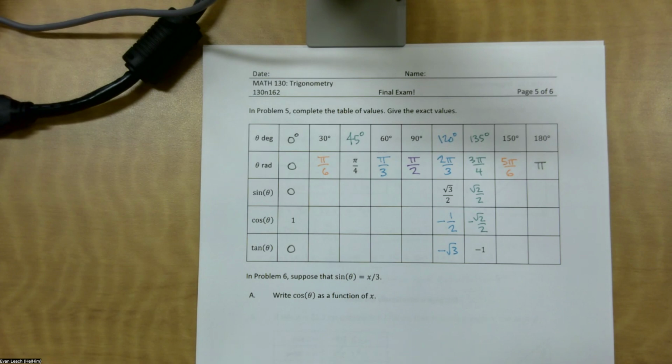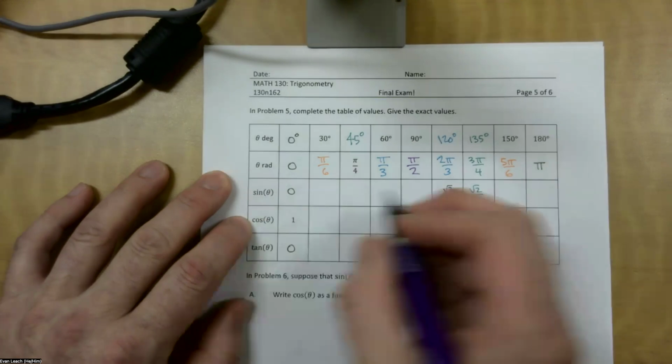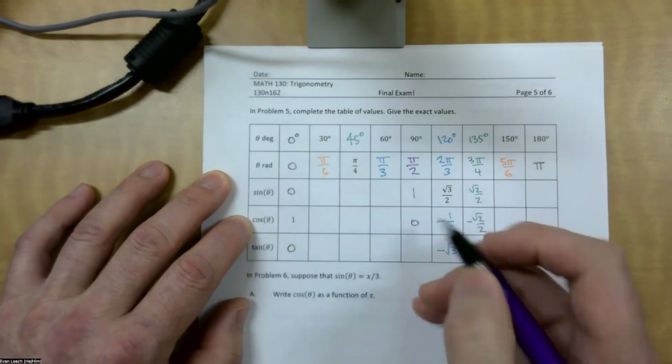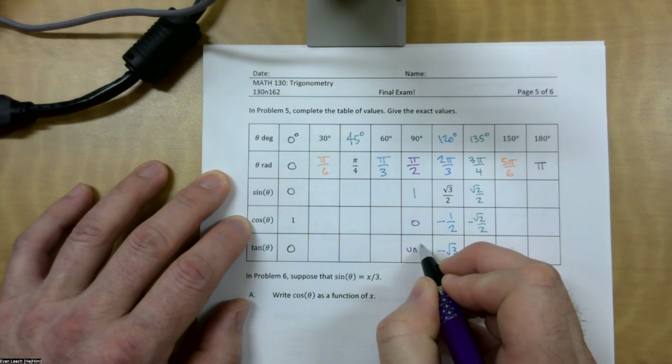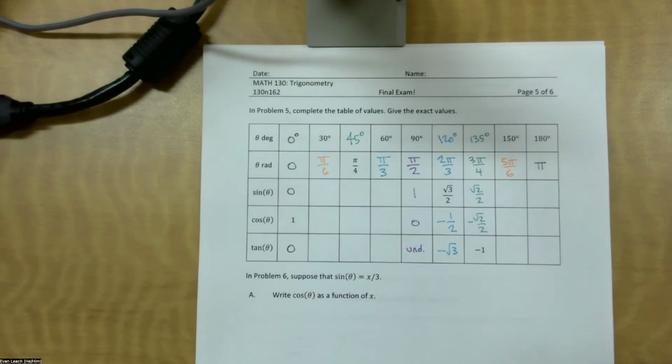The one that's a little bit sneaky is at 90 degrees. At 90 degrees, sine of 90 is 1, cosine of 90 is 0, and 1 divided by 0 is undefined. So we can just write undefined, or abbreviate it.